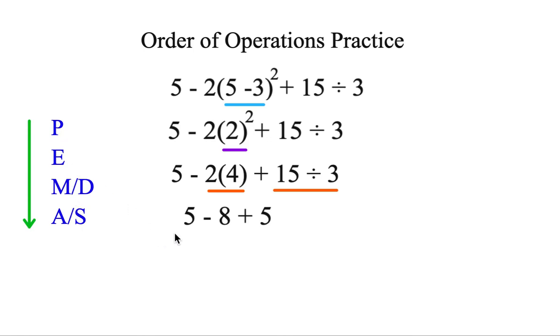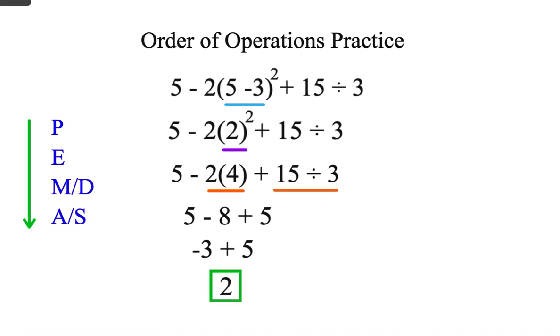Now, we could do those left to right, just like we talked about. 5 minus 8. Think of being on a number line. You start at the number 5. You go 8 to the left, and you end up at negative 3. And then, to combine negative 3 plus 5, imagine you're at negative 3 on the number line, and you go to the right 5, starting at negative 3, and that'll end you at positive 2.